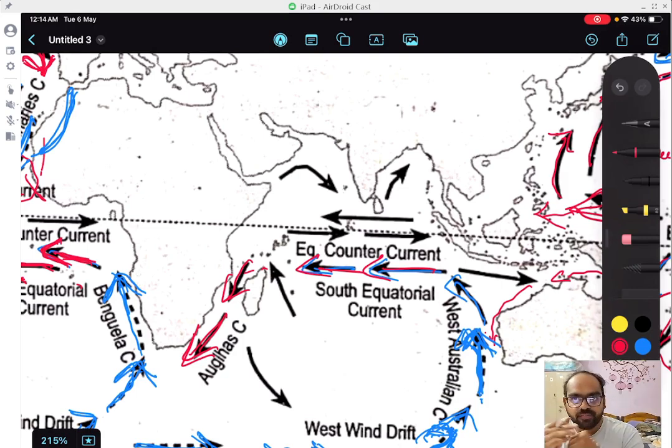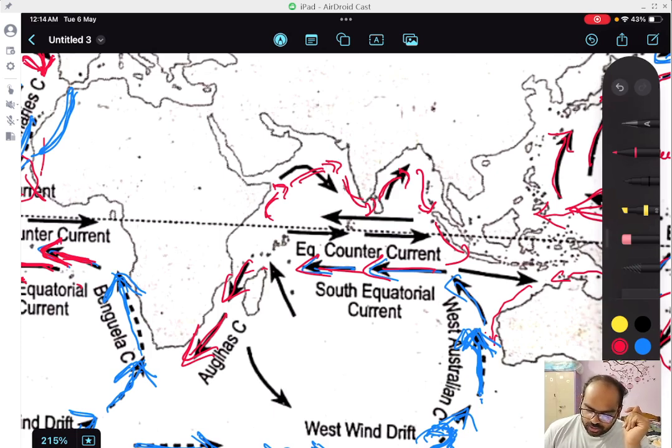So in the previous class, we have learned that during summer solstice, there will be southwest trade winds, and the oceans also move along the southwest direction like this, from the Arabian Sea to the Bay of Bengal. Okay. The ocean also moves along the southwest winds.